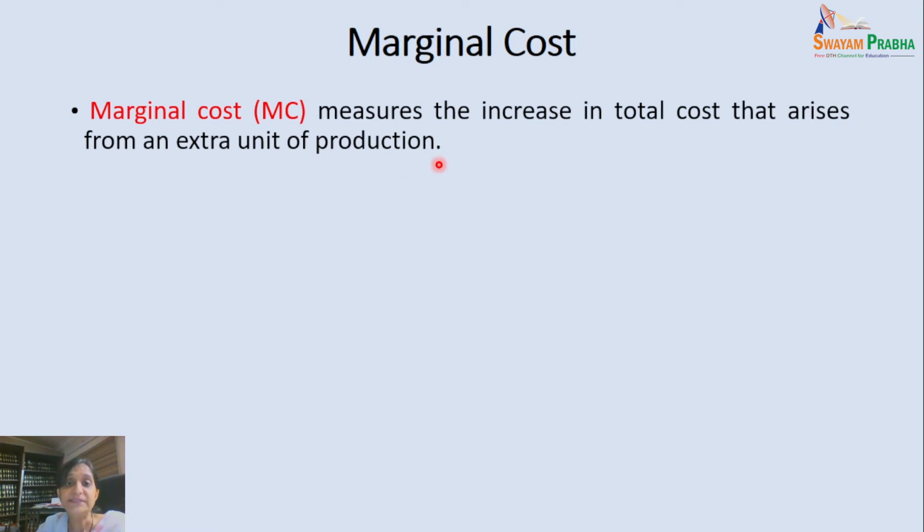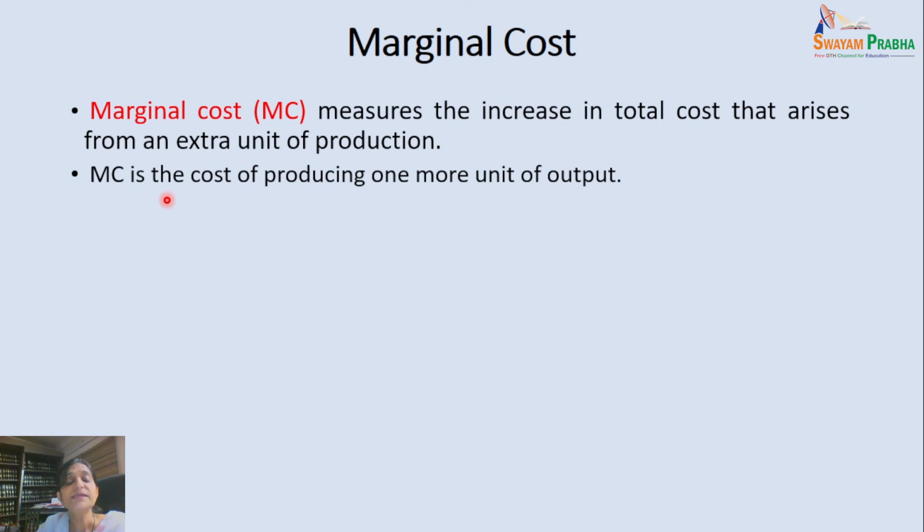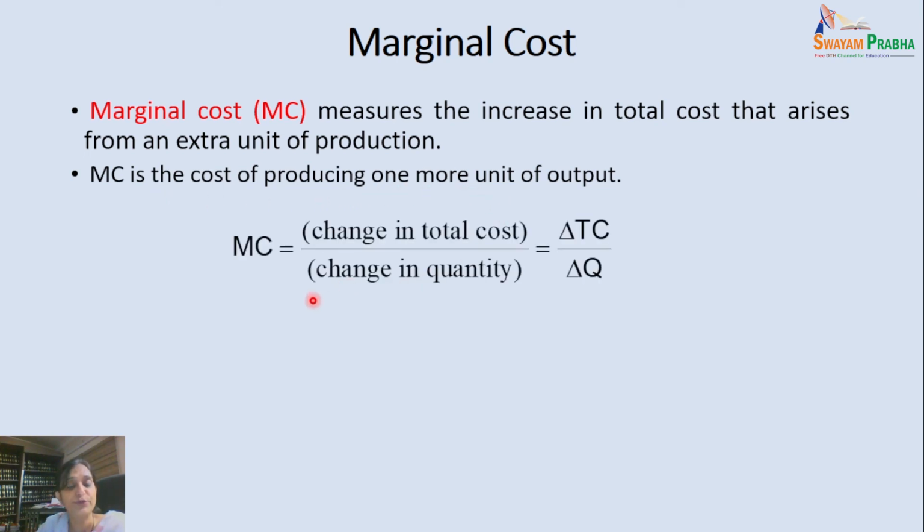So if a firm decides to produce one extra unit, the change that one extra unit brings to the total cost is called the marginal cost. That is, it is the cost of producing one more unit of output.